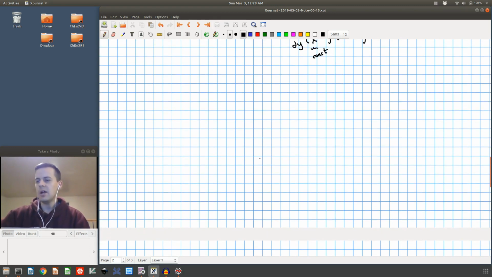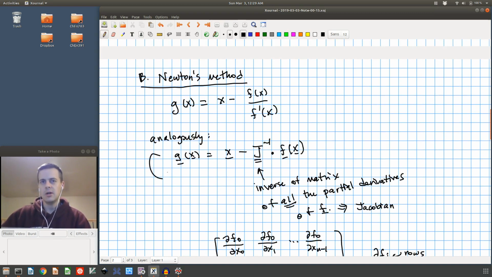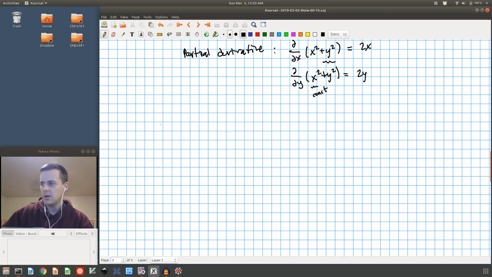Okay. So now I've got my g. Sorry for the scrolling. So now I need to plug in to my equation for a fixed point method. So for the fixed point method, I can now put x at k plus 1 is equal to x at k minus J inverse of x of k dotted with f of x of k.